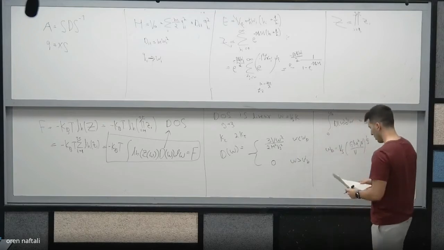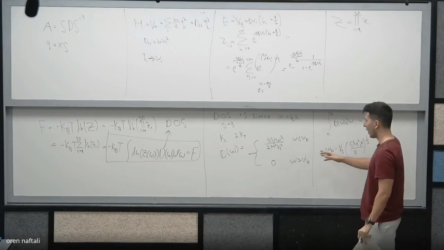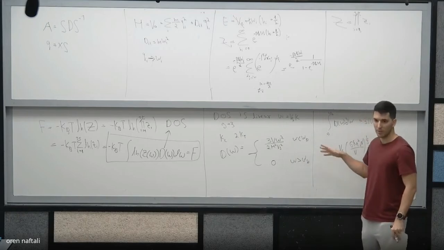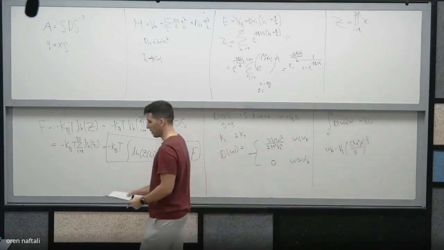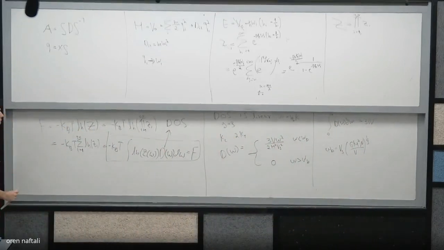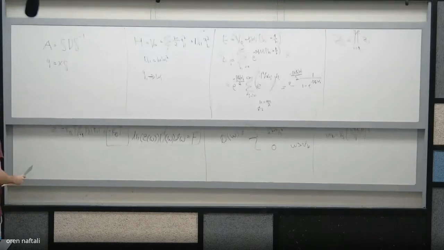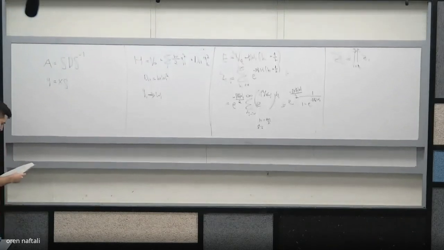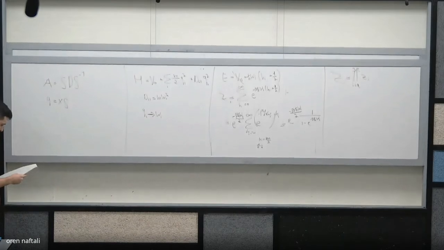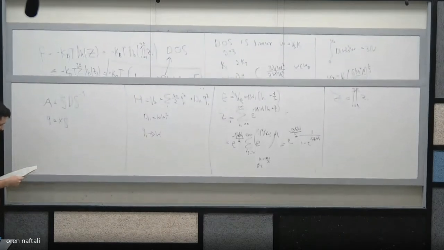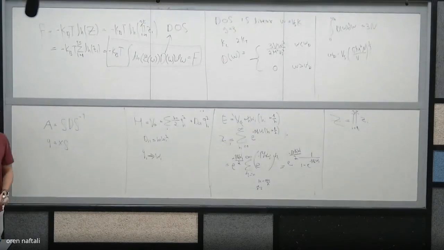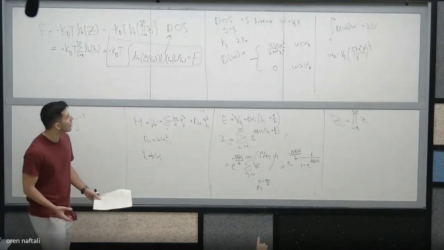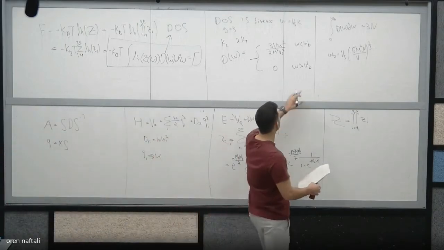Is it okay for you, or do you need me to write more explicitly the terms and develop them? It's fine? Okay. Any questions until now? The omega D or omega G? What, this? Oh, yeah.